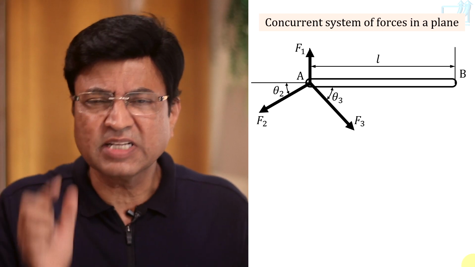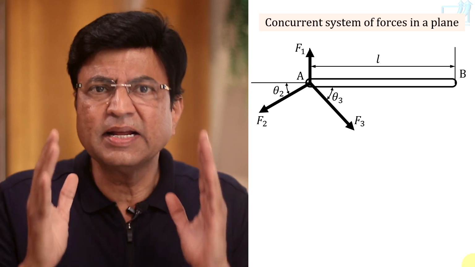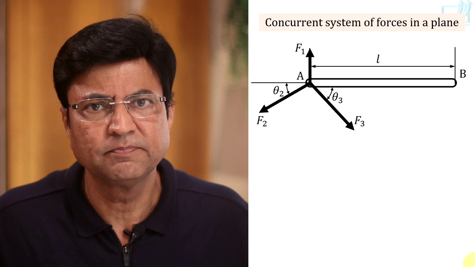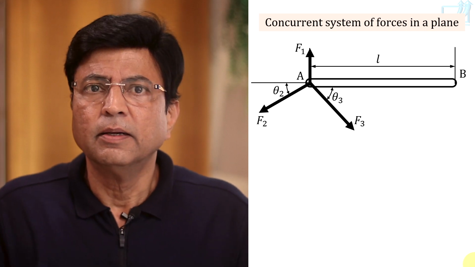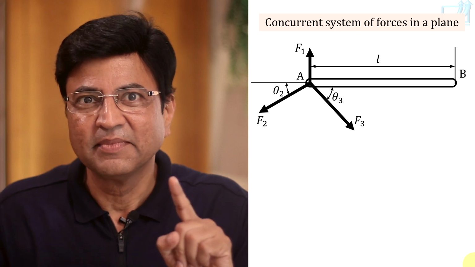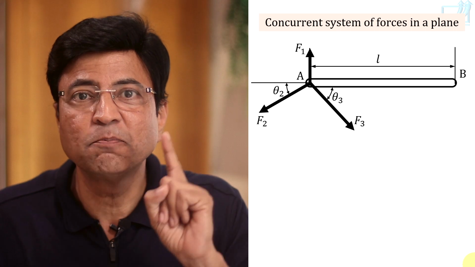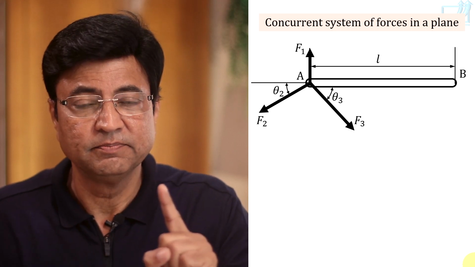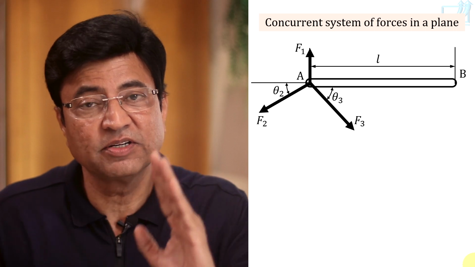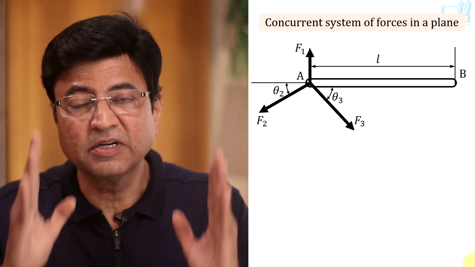All the three forces are acting at its end A. So we say that a concurrent system of forces is acting on rod AB. Most important thing, if all forces are acting at one single point, then it is just an example of a concurrent system of forces and not the definition of a concurrent system of forces.